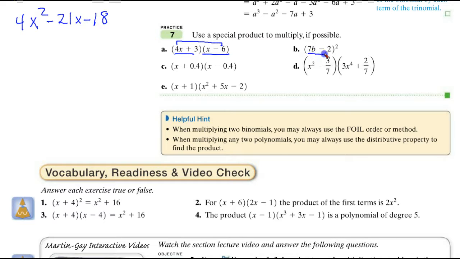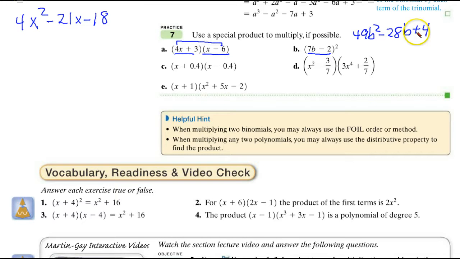Now this one, I'm going to use that special method, square the first term, 49b squared, multiply these two together, get a negative 14b, double it, negative 28b, square the last term.